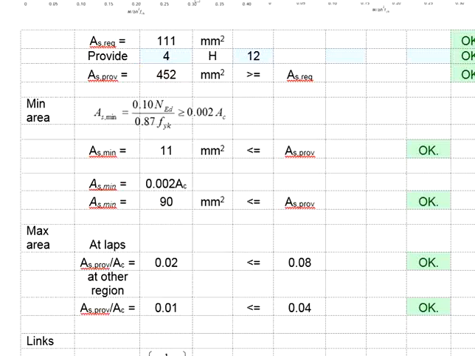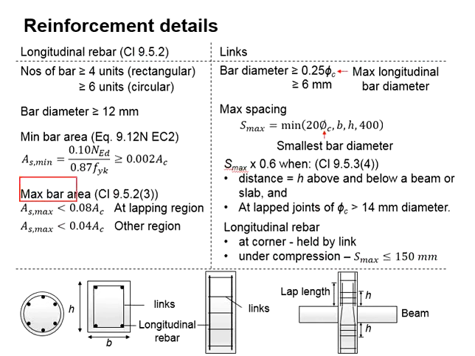Next, you're going to check for the maximum bar area. The requirement is that the reinforcement bar area should not exceed 4% of the cross-sectional area, whereas at the lapping length, it should not go beyond 8%, as per the requirement stated in Eurocode clause 9.5.2 bracket 3.